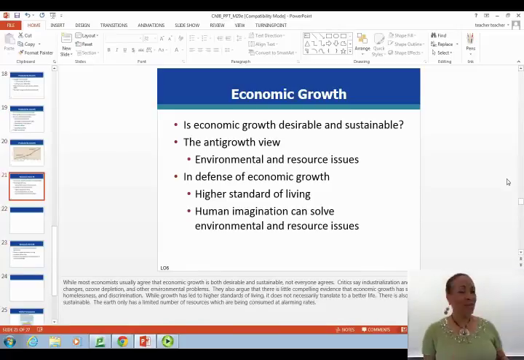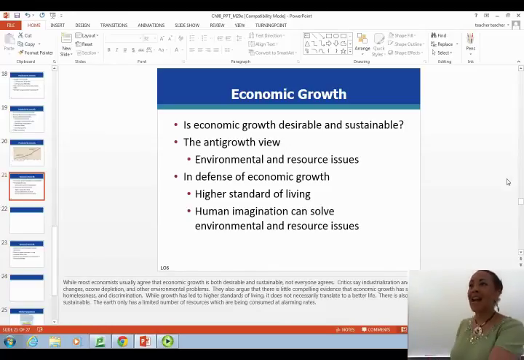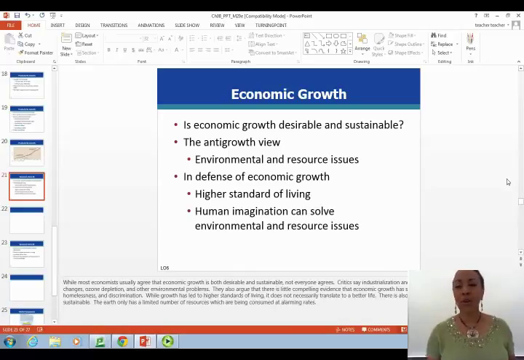Now, I want this in your notes, and this is looking at economic growth from what you were talking about, and that is the anti-growth view. In the anti-growth view, and there are economists who do believe this, more stuff does not equal better living.